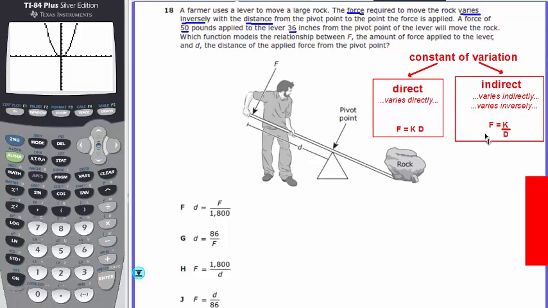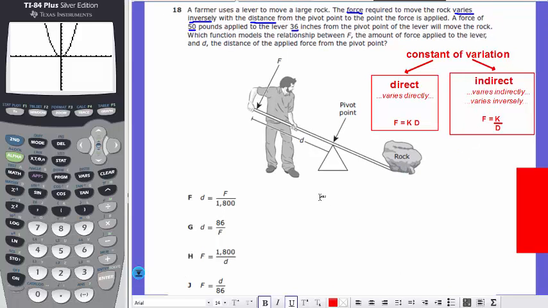Okay, since our problem talks about indirect variation, let me go ahead and type over here. In our problem, the problem says F, force, varies indirectly with distance.